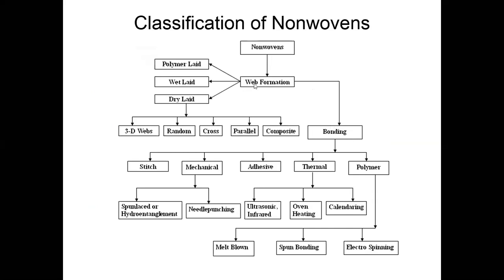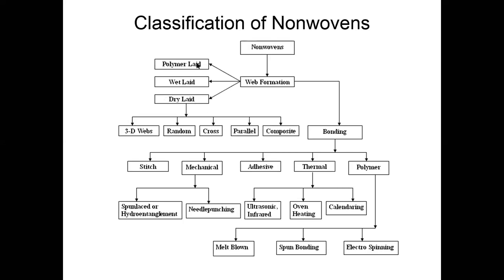So here in web formation, we have three different laying techniques. The first one is polymer laying, and the non-woven is called polymer laid. Then wet laying, and the non-woven is called wet laid, and then we have dry laying, and the non-woven is called dry laid.